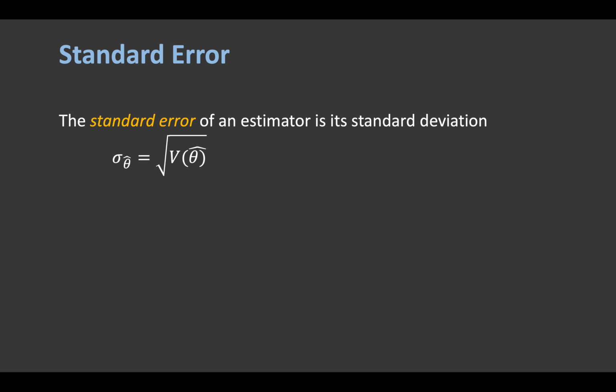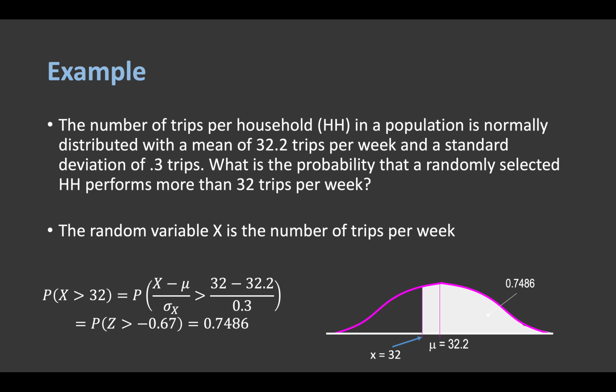So here, we take one example. The number of trips per household in a population is normally distributed with a mean of 32.2 trips per week and a standard deviation of 0.3 trips. And then what is the probability that a randomly selected household performs more than 32 trips per week?